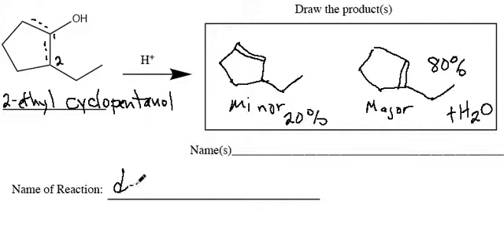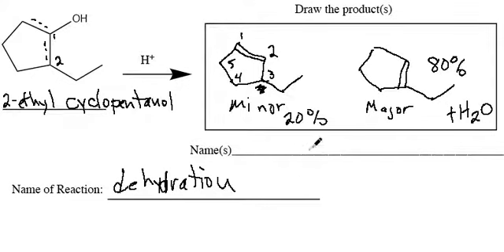This, of course, is a dehydration. And we can name our 2 products. We'll start our numbering right here with the double bond. 1, 2, 3, 4, 5.